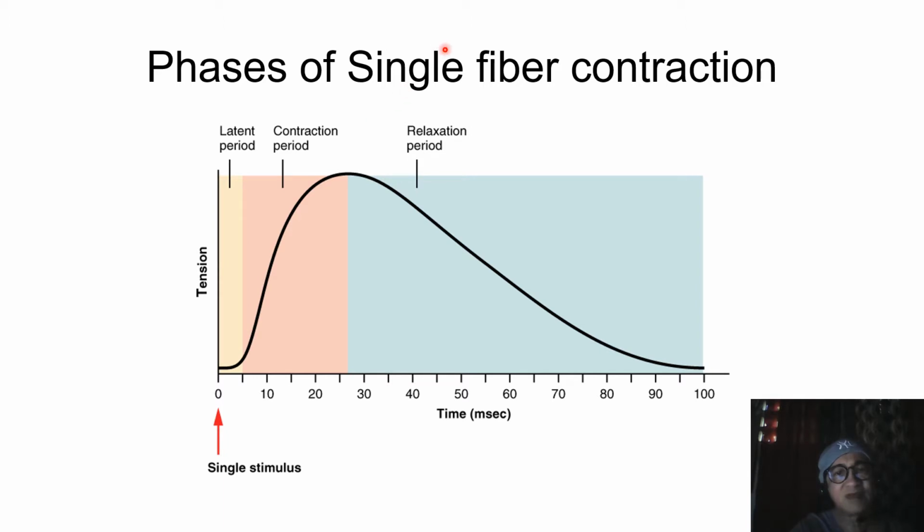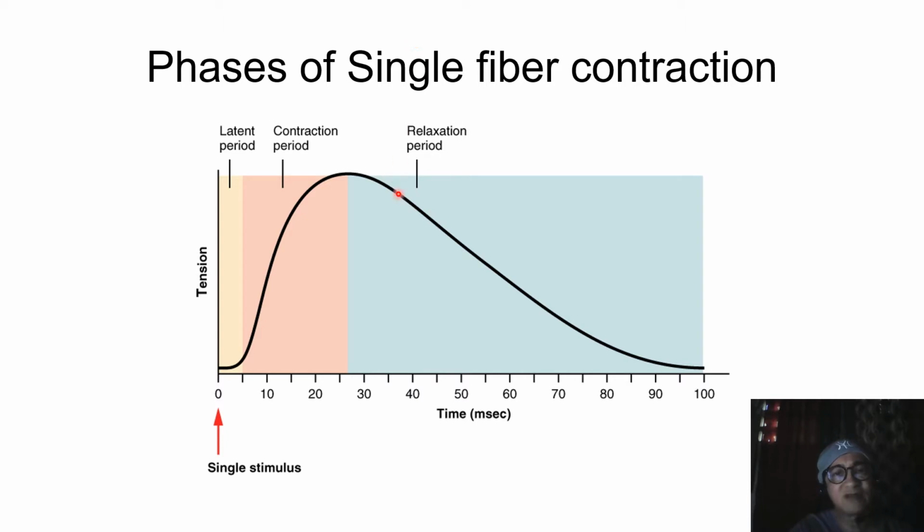Then this period is followed by a steep upward curve called period of contraction from the point of tension development to the point of peak tension development in the muscle. The peak curve tracing of the contraction period is then followed by a downward curve called the period of relaxation, when the muscle resumes its original length.